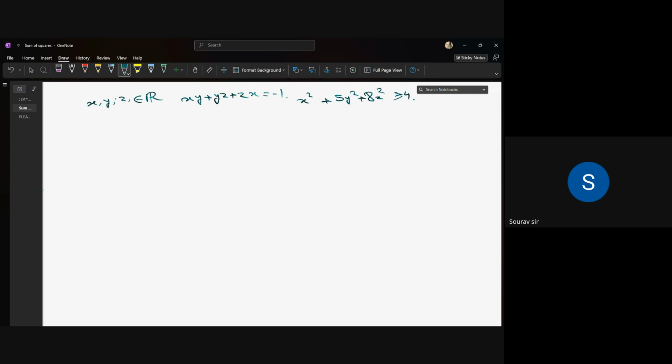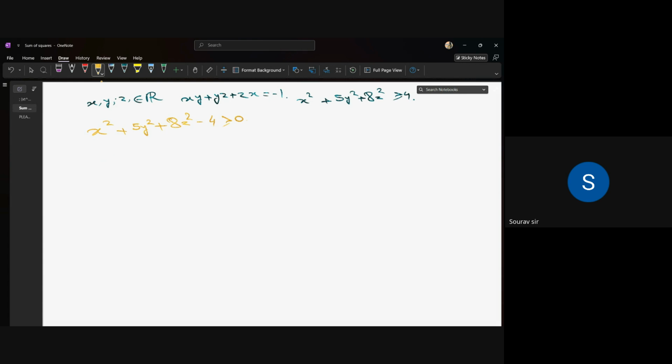Just simply take this thing, x square plus 5y square plus 8z square minus 4, that is greater than or equal to 0.